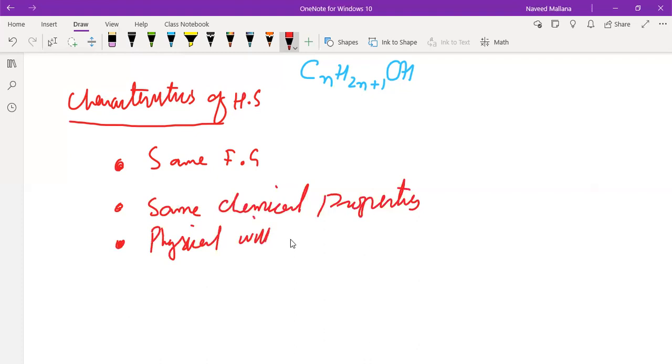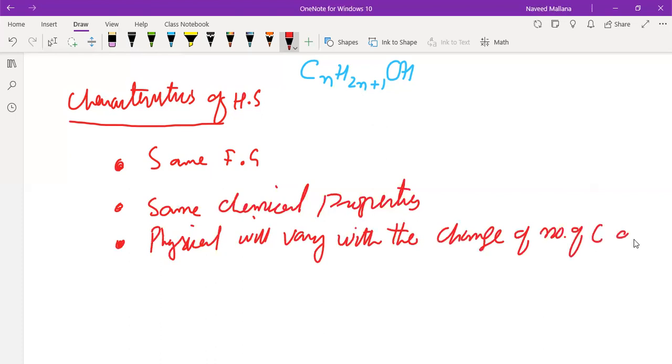will vary with the change of number of carbon atoms. It means a molecule of one carbon homologous series will have lower melting and boiling point than the two carbon molecule.